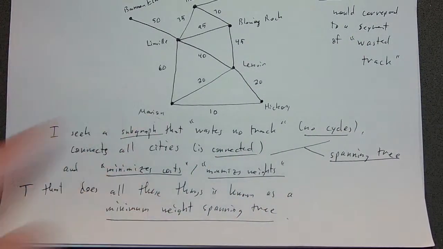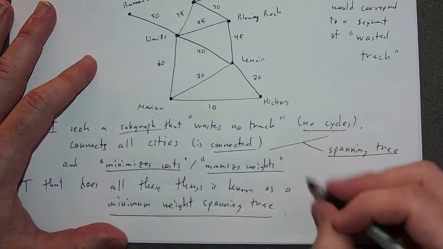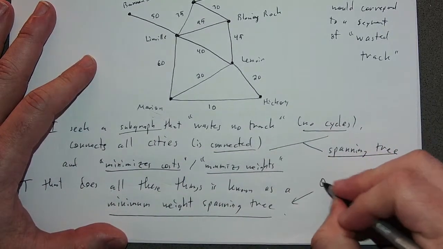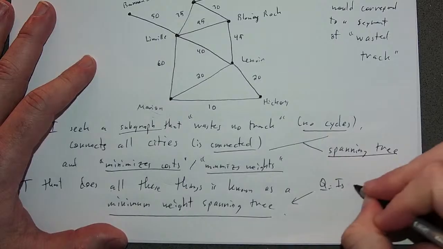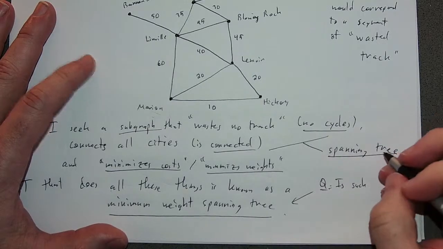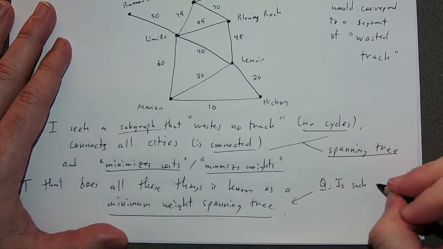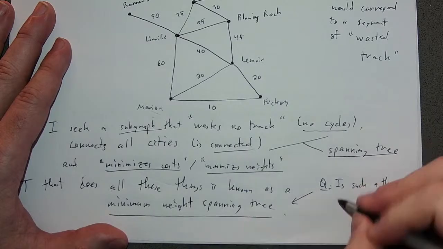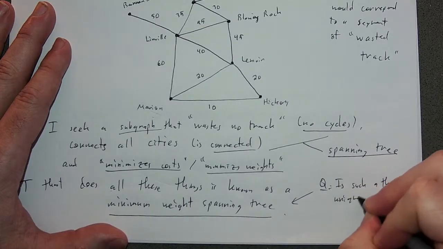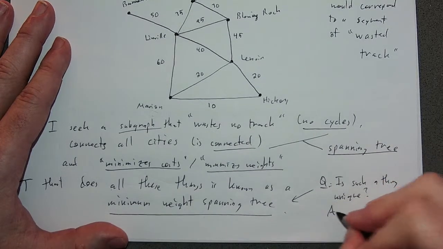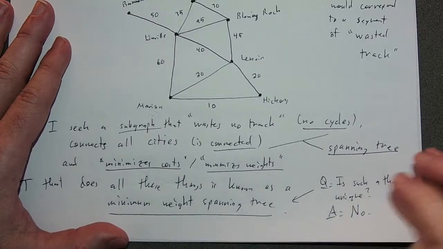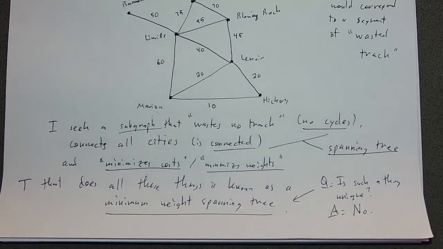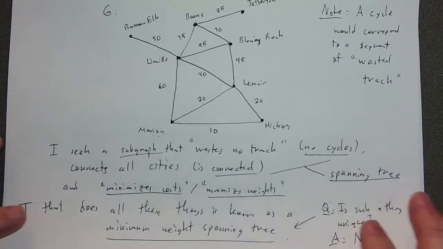We're actually going to see here that this does not have a unique minimum weight spanning tree. So a big question: is such a thing, if it exists, and it is going to exist, as we'll see, unique? And the answer is no, as we'll see. In this example even, you're going to see how it's not unique.